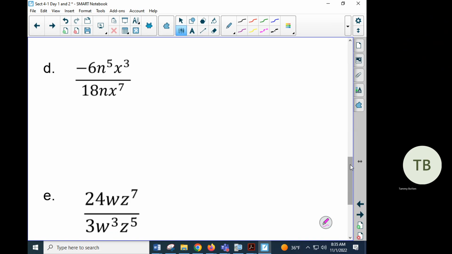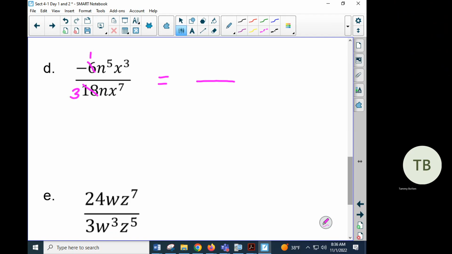Now, this is something we haven't talked about too much yet, but this is a fraction. So with these numbers there, you treat that just like a fraction. So you can do that in your head. You can think, what is the biggest number that goes into 6 and 18? And 6 does. So 6 goes in here 1 time, 6 goes in here 3 times.